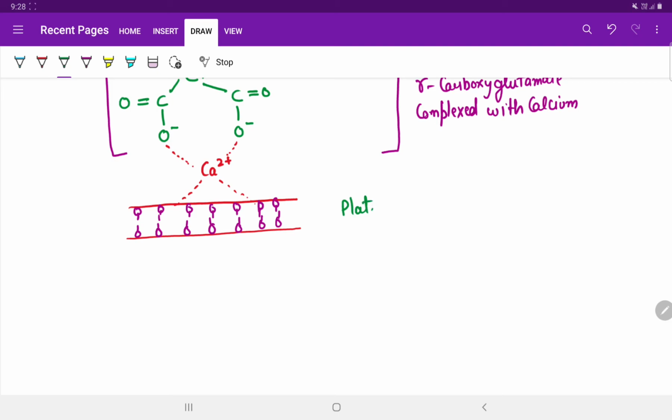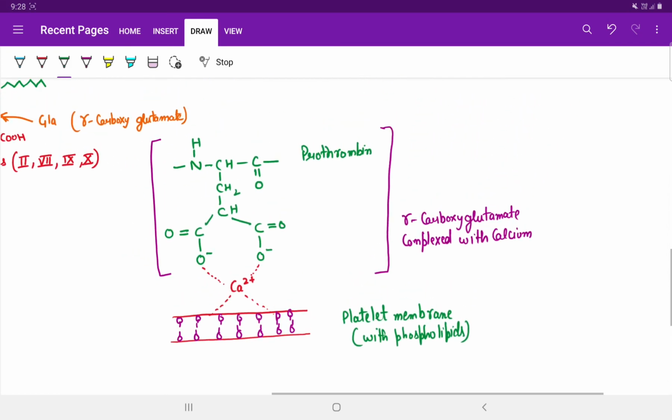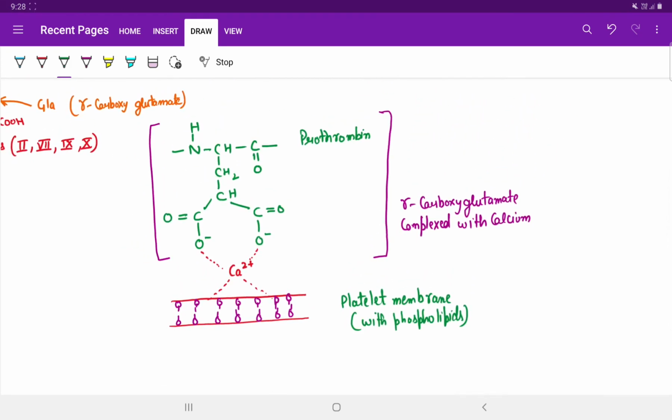So this is the platelet membrane. So this is basically complexed with the phospholipids in it. So this is the mechanism of action of gamma carboxyglutamate of prothrombin in blood clotting.